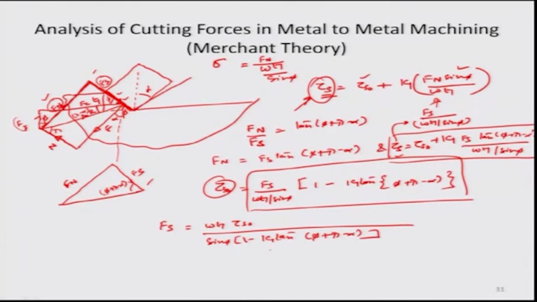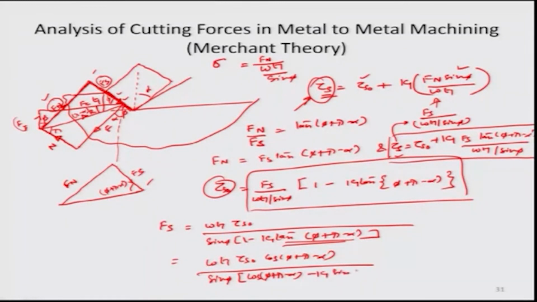Or in other words, if I just open this up as a sin by cos ratio, I should be able to write it as Wt1 tau s naught times cos of phi plus lambda minus alpha, divided by sin of phi times cos of phi plus lambda minus alpha minus k1 sin of phi plus lambda minus alpha.